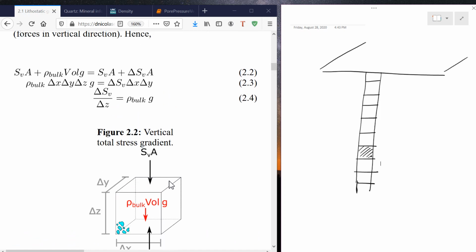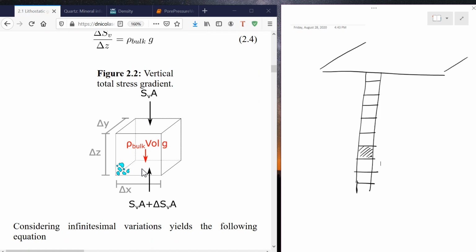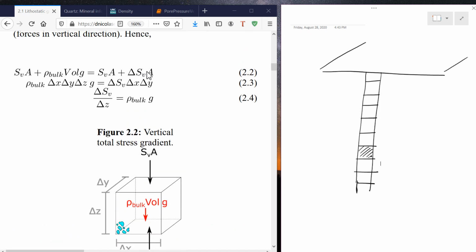So if we put this into equations, all the forces which are in this case going down are going to be the vertical stress on the top face times the area plus the weight of this cube, and that has to be counterbalanced by the stress on the bottom face plus this additional stress times the area.